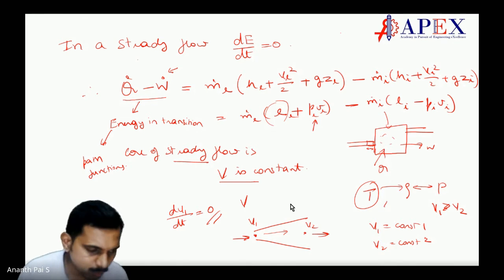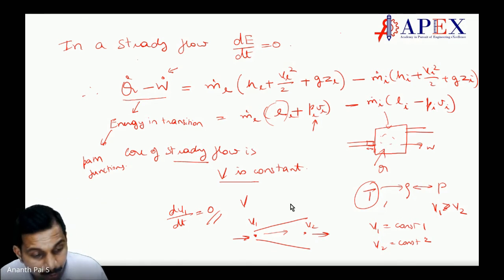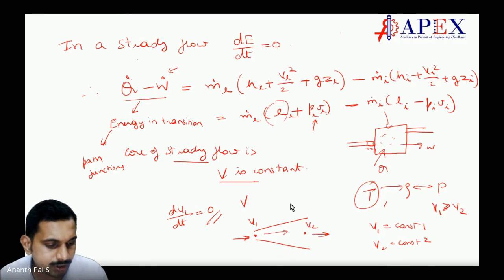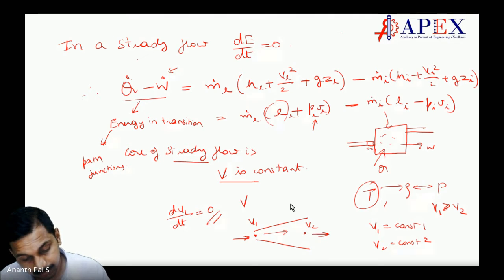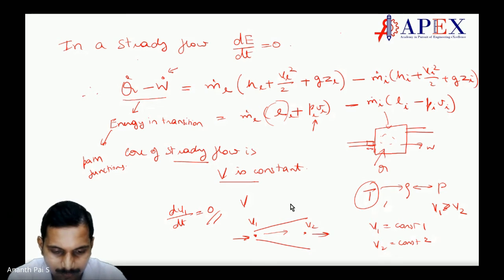And then we will do some problems on this. But before we do the problems, we will see the equation of state and the things related to that. Simple one, but still I'll take around 20-25 minutes, not more than that.